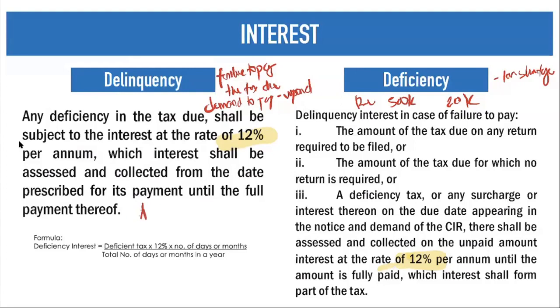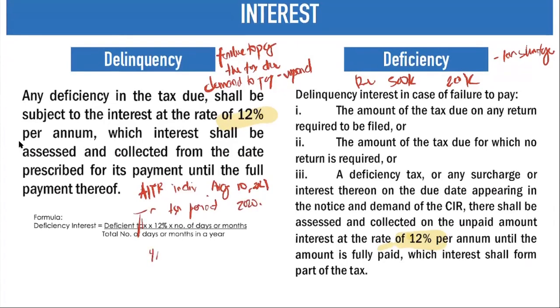So in our example, the annual income tax return of an individual is filed on August 10, 2021 for taxable period 2020. He should have filed on April 15, 2021, but he filed on August 10, 2021.